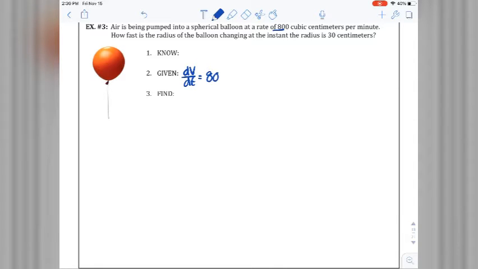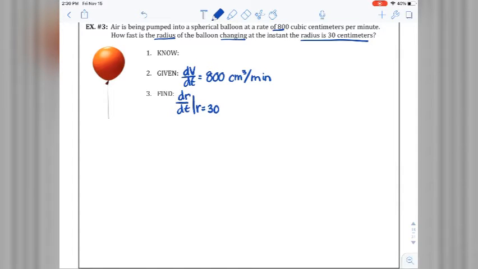That's a positive 800 centimeters cubed per minute. You want to know how fast the radius is changing, so you want dr/dt at the instant when the radius is 30 centimeters, so when r is 30.